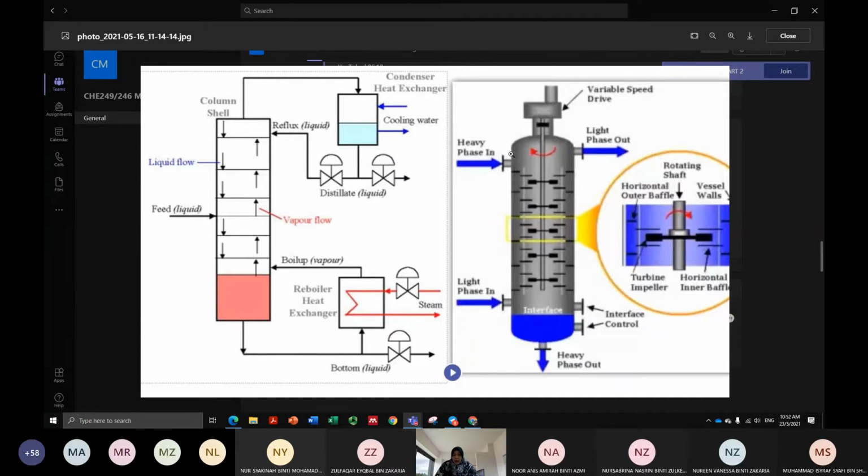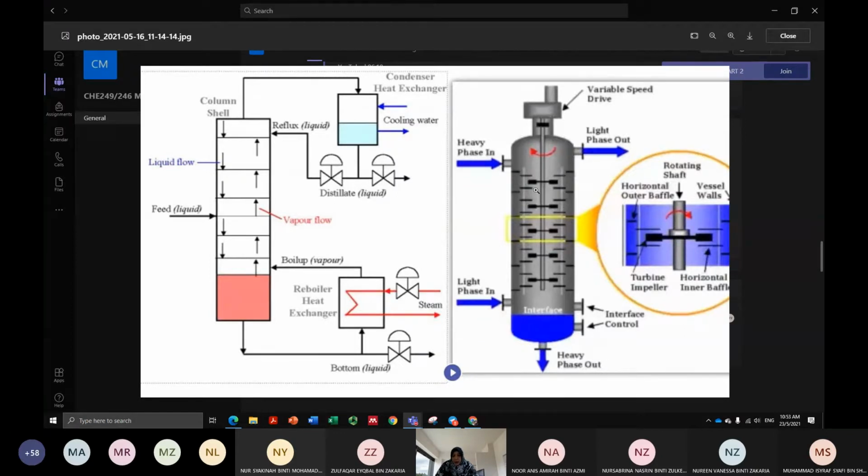Again, let me tell you this: heavy phase in is L0, light phase in is Vn plus 1. Then you have light phase out for the outlet, or your product. This is your extract. And then you have heavy phase out. This is your raffinate.